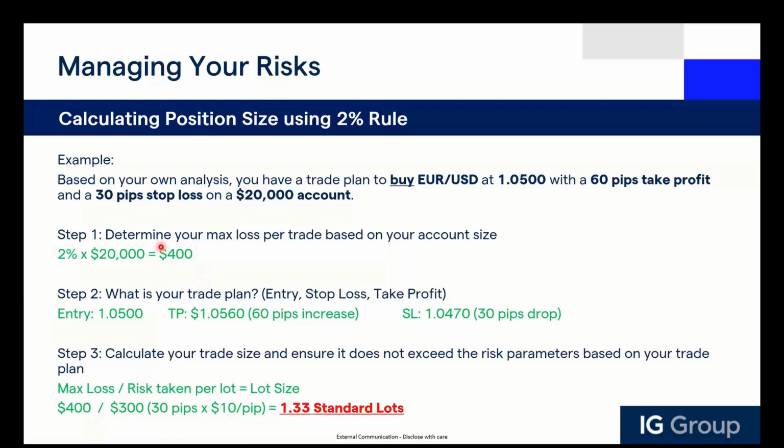If we take $400 as the risk that we can potentially take, and our trade is based on $300 per lot, if we divide it, then we know that we can enter a trade of 1.33 lots. So this is how we calculate.